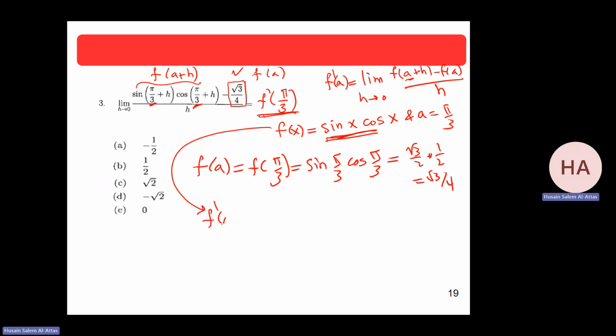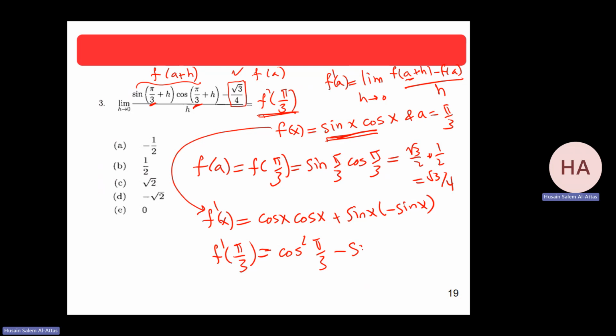So now I have a product of two functions. What will be f prime? Derivative of the first, cosine, times the second, plus the first, times derivative of the second, which is minus sine x. I need to find the derivative at pi over 3. So that gives me cosine squared pi over 3 minus sine squared pi over 3.